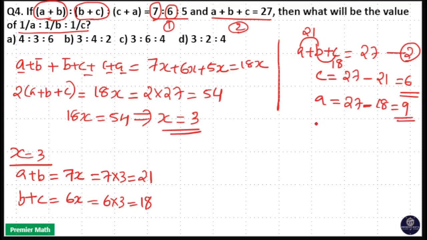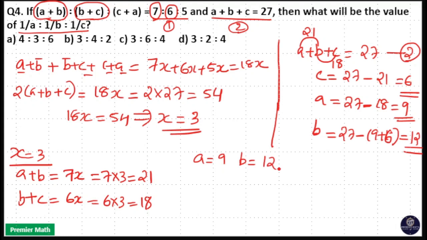The same way b will be 27 minus, you know the value of a plus c is equal to 9 plus 6, 15. That is 27 minus 15 is equal to 12. So here you know the value of a, b and c. A is equal to 9, b is equal to 12, c is equal to 6.